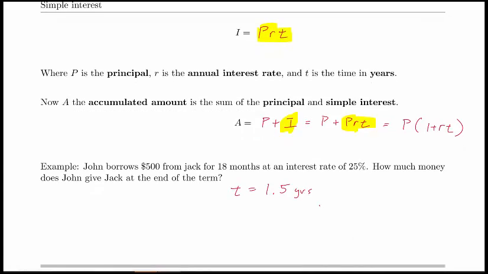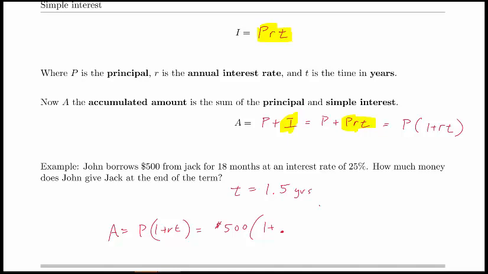And we've got an interest rate of 25%, kind of large, but then again, it's also not being compounded. So we just apply our equation. A equals P times 1 plus RT, which is $500 times 1 plus, and what was the rate? 25%.